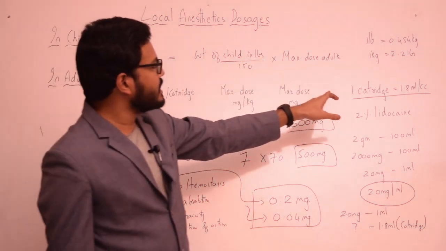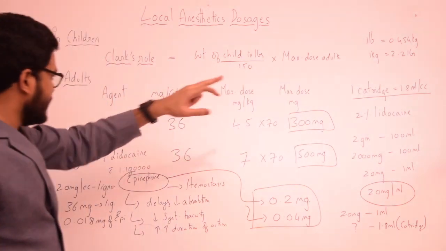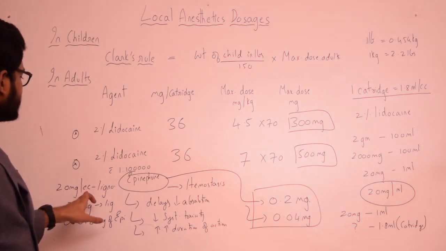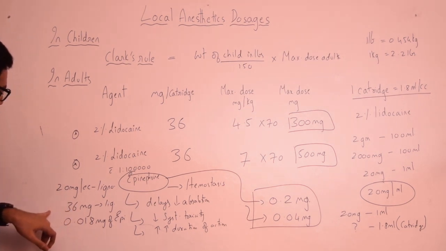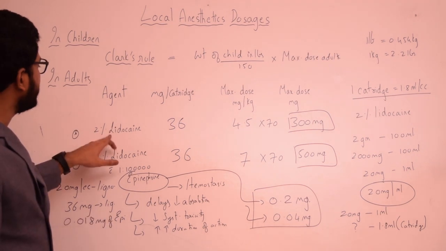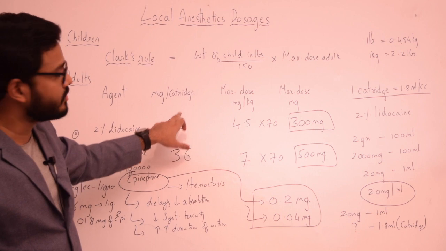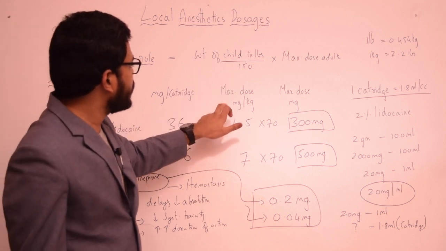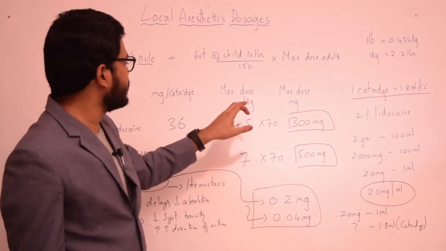And each cartridge has a volume of 1.8 ml or 1.8 cc, and each cartridge contains 20 milligrams per cc concentration of lignocaine, 36 milligrams of lignocaine as a whole, and 0.018 milligrams of epinephrine, in 2% lignocaine. The maximum dose of lignocaine that can be given per kg body weight is 4.5.